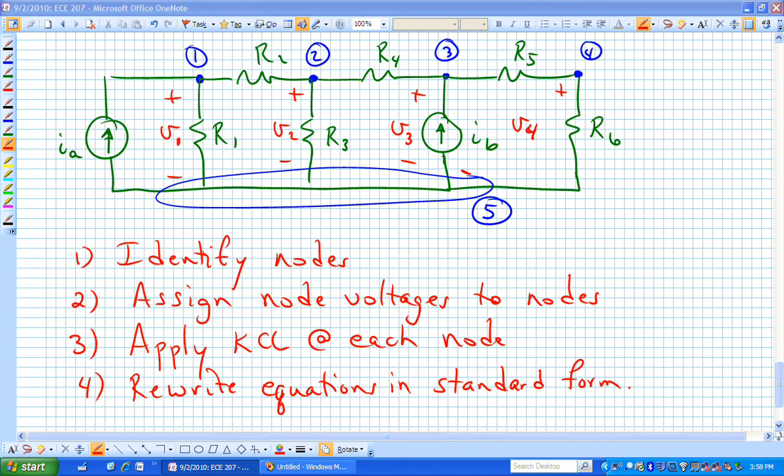What we will find, and now I can't remember what I actually did. Let me look at my notes. Okay. I did actually just combine these into one equivalent resistor, and I'm going to call that R sub 5 bar.